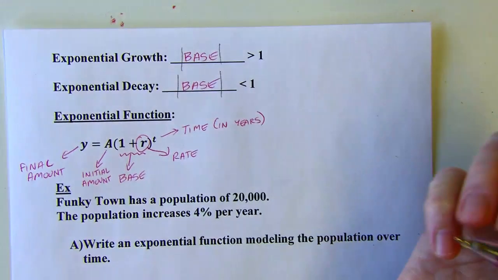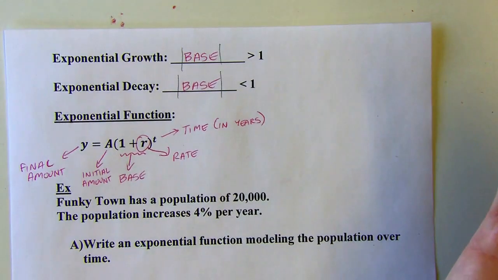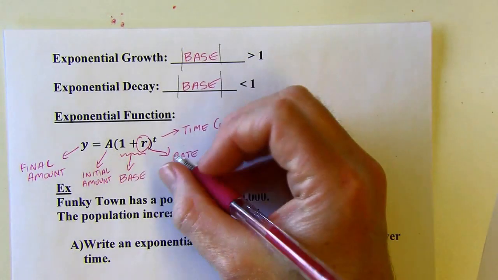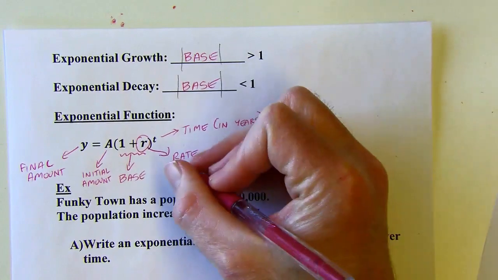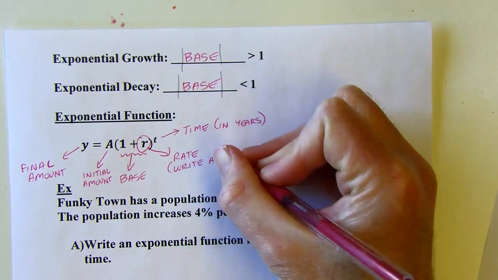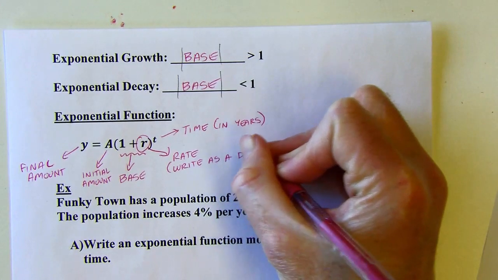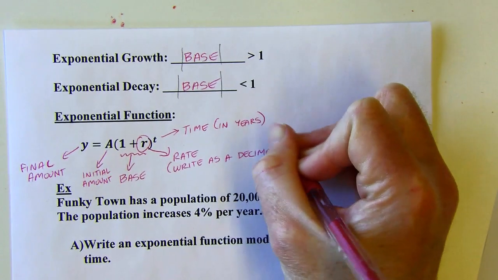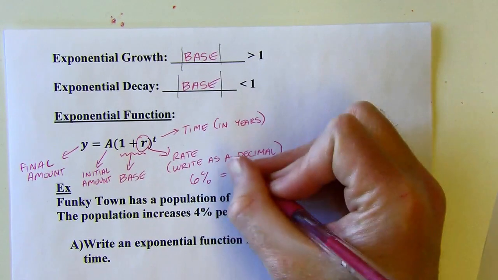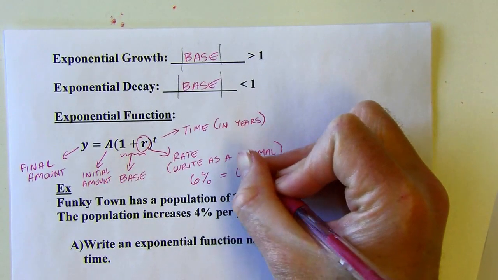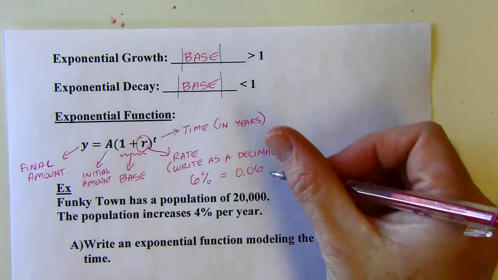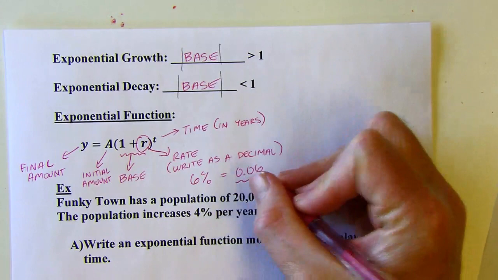So in a bank account, let's say you get 6% interest. Your rate is 6%, but you want to write that as a decimal. So just to use that same example, 6% would be 0.06, right? So we would write it like this for the equation this way, okay?